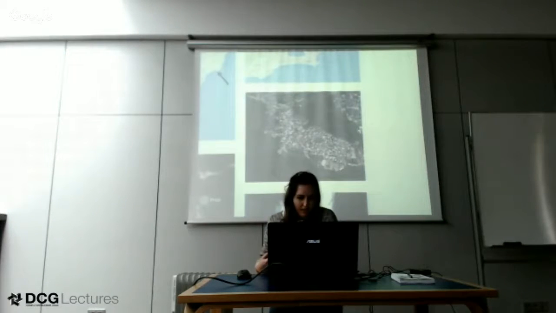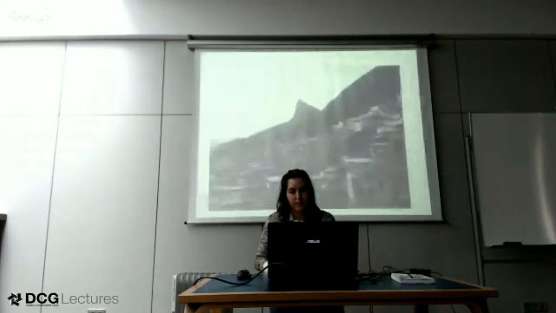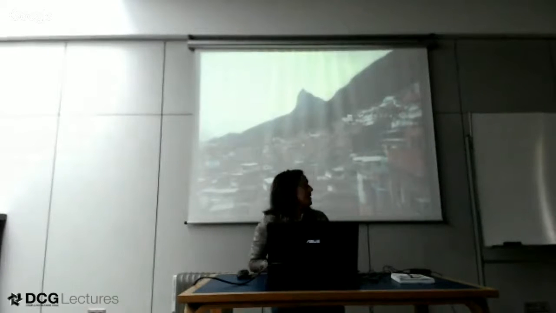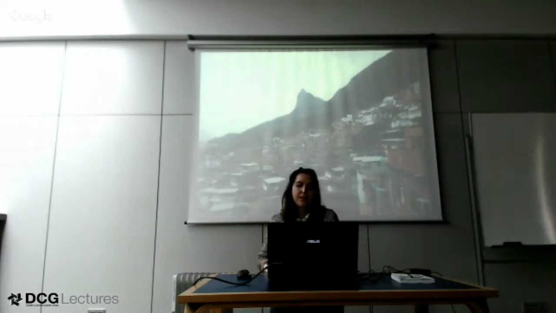So this is an image from Google Earth of the slum. They indeed provide us a kind of 3D model. And this is an image of Santa Marta with Christ Redeemer behind.